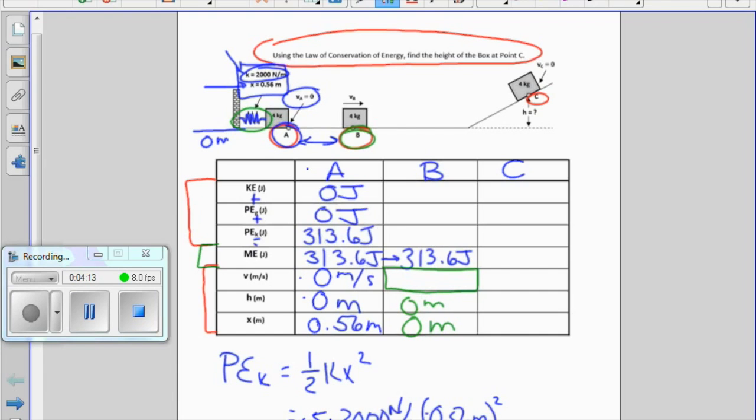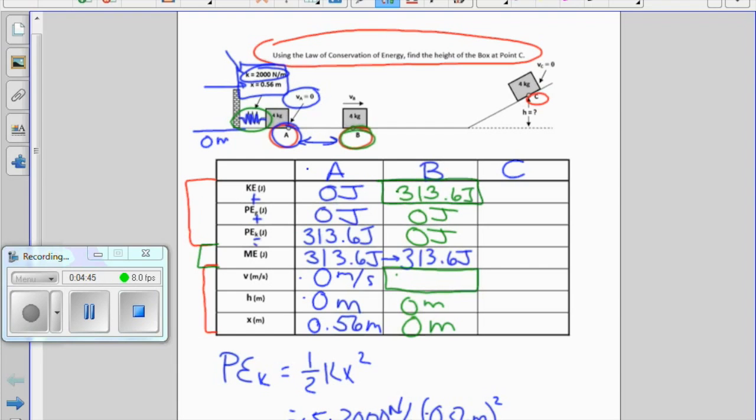Since there is no spring, I have no elastic potential energy. Since there is no height, I have no gravitational potential energy. So that means that all of my energy must be kinetic. Here I have 2 different empty spaces, however, I can use the total mechanical energy to know that all of my energy must be kinetic energy, so this quantity is 313.6 joules.